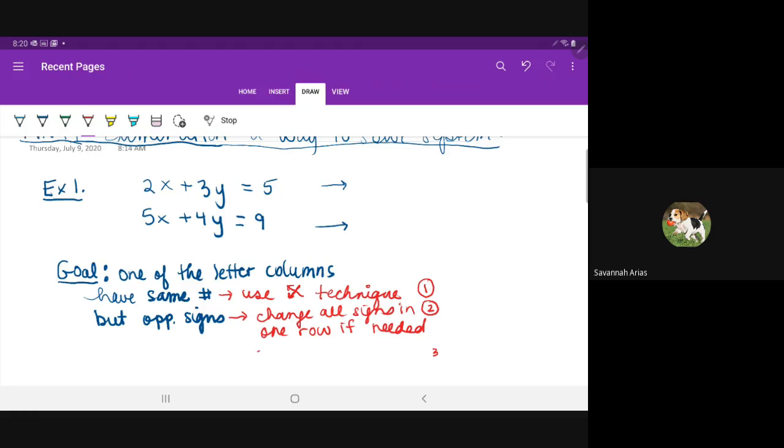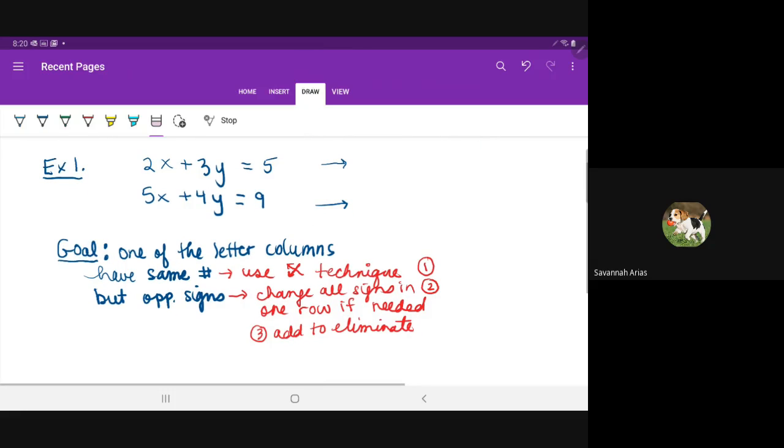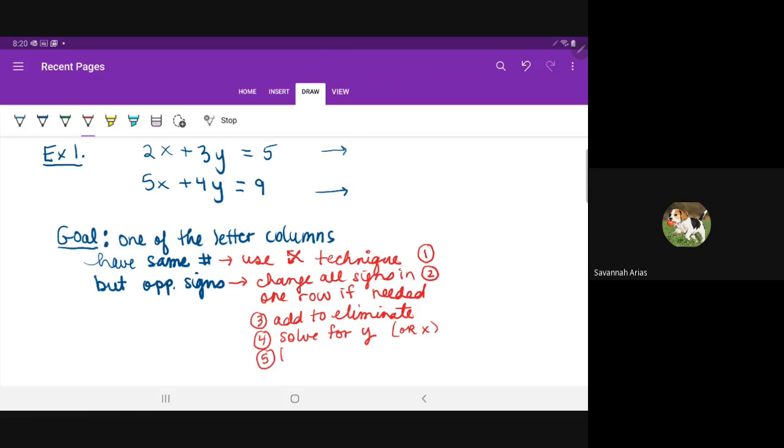And then step 3 is going to be called add to eliminate. Step 4 is solve for, in this case, it's going to be solve for y. We'll put a little parenthesis or x. But the way I'm going to show you, it's always solving for y. And then last step, and I'll show you why later, is find the other letter.